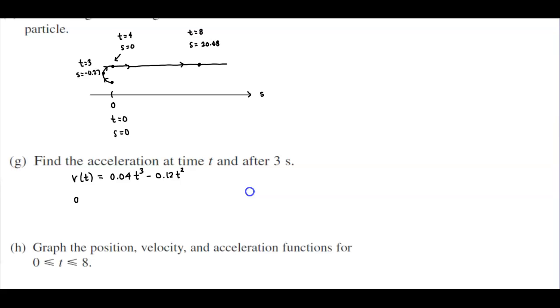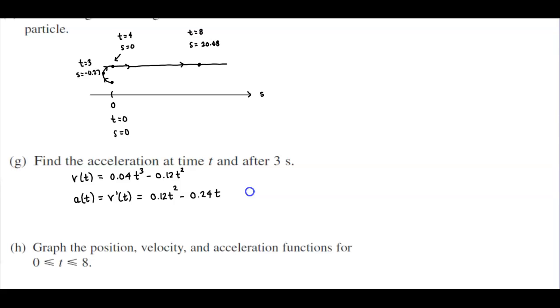If we want to find the acceleration, that is finding the derivative of the velocity function. So 3 times 0.04 gives us 0.12 t to the second power. And then 2 times negative 0.12 gives us minus 0.24 t.